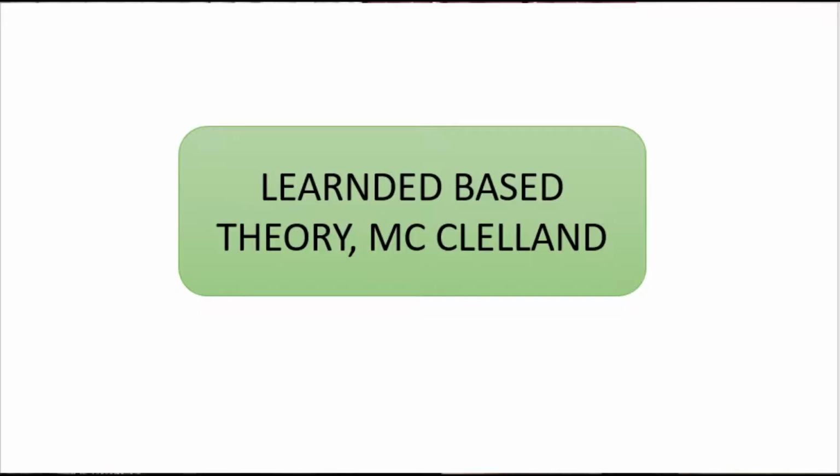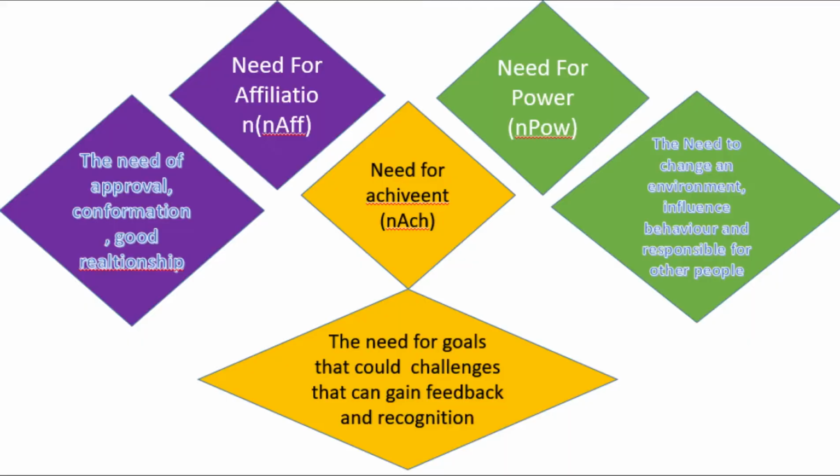Moving on to the non-hierarchical need theories, which is the learned-needs theory by McClelland. This theory also explains the need for affiliation, which is the need for interpersonal relationships within the organization.